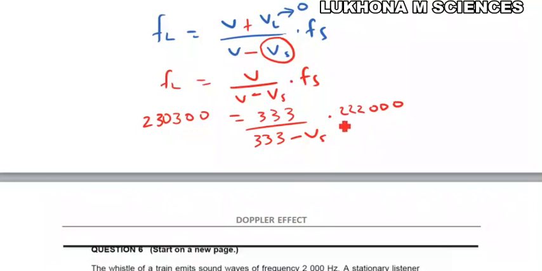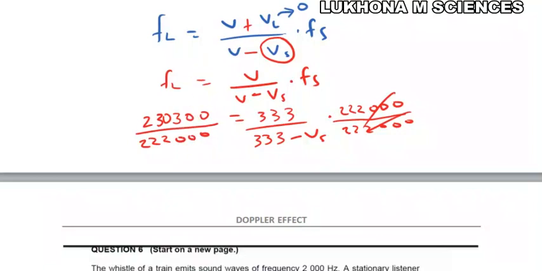So I will divide by this value both sides. Now I will do the same, that is 222,000. So that cancels that. Now we are left with, let me press calculator here.